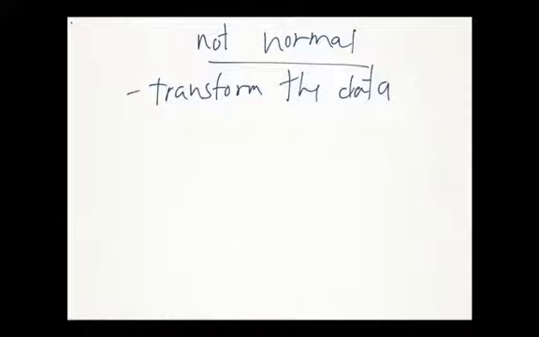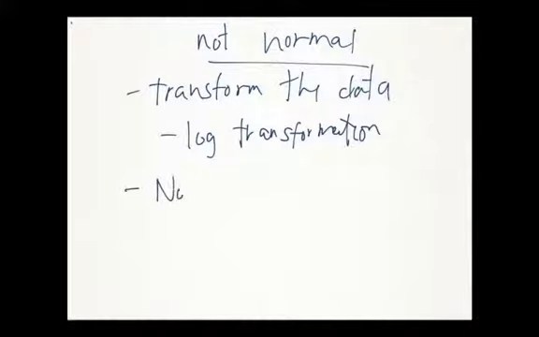But instead, we can do, for example, a log transformation, and the data might then be normal on the log scale, and then we can conduct our statistical test on the log scale, okay? Or, if that doesn't appease us, we can move to what we call a non-parametric test, okay?